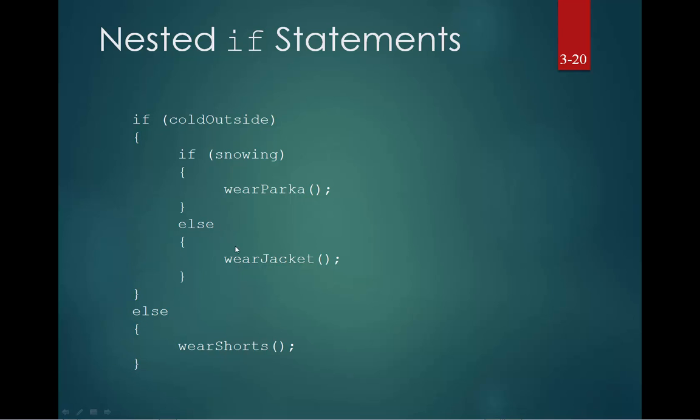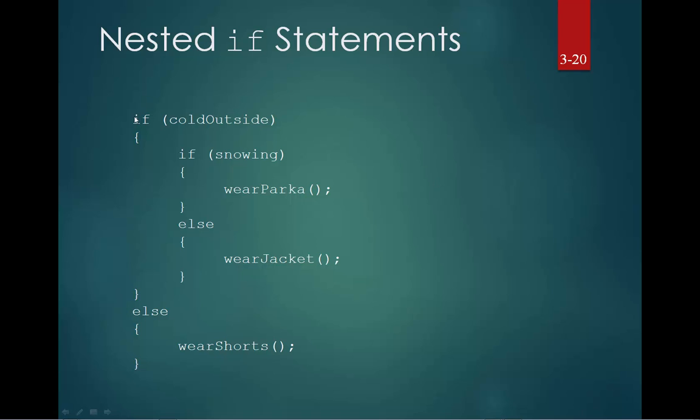So when we get to this point, wear jacket, and we're ready to pop out of this part of the if statement, we don't go to the else, because we've already made a decision that we are not doing that else. So we go to the end of the if statement, which is after the end of the block of code that's after else.